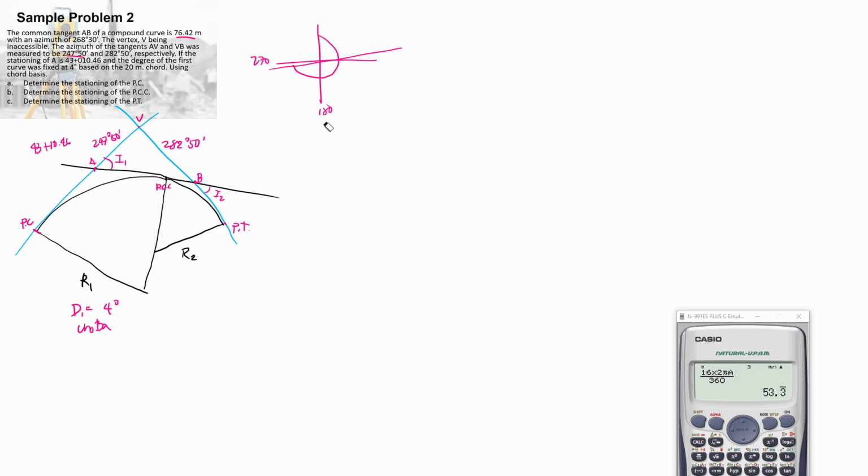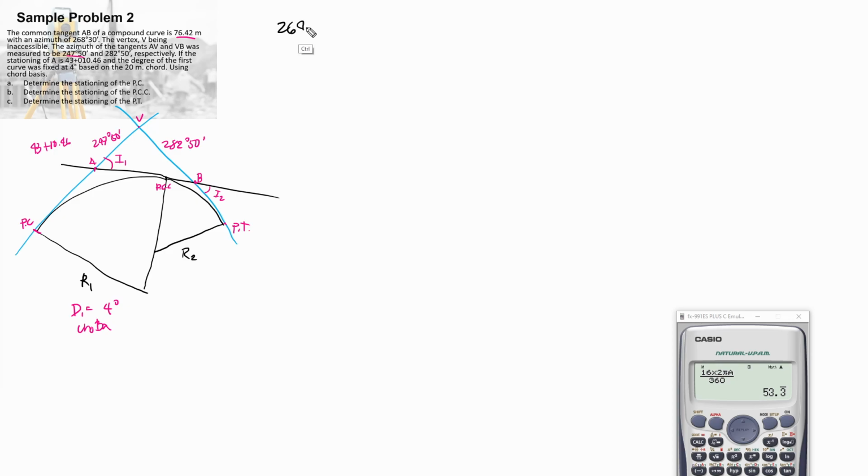So, first order of business, alamin natin kung paano natin siya mahihiwalay kasi magkaiba naman yung angle niya. So, alamin natin yung mga intersection angle for each curve. Alamin muna natin lahat ng kailangan natin.